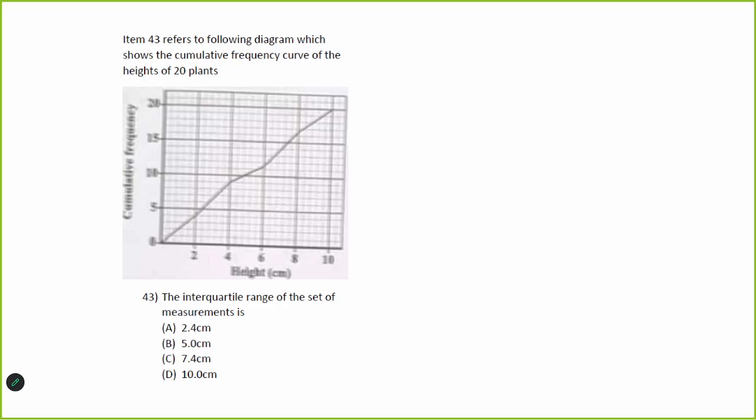Yeah, 5.5. The interquartile range is Q3 minus Q1. Right? And Q3 is 3/4 of 20, which is 15. And then Q1 is 1/4 of 20, which is 5. 15 is here.